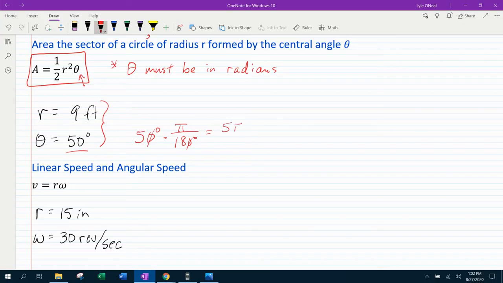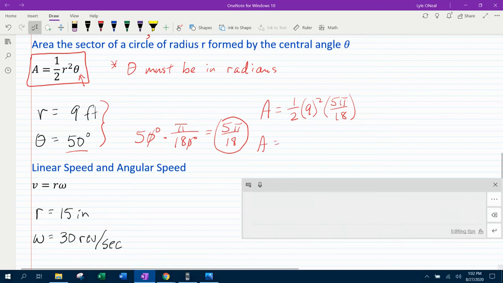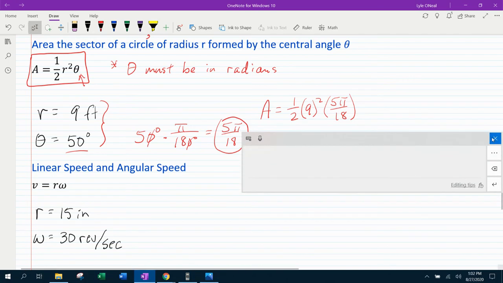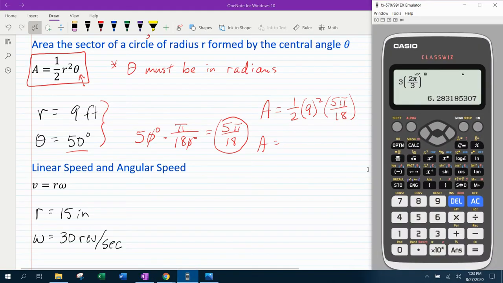That's going to give me 5 pi over 18 radians. And then I can find the area by plugging into the formula. 1/2 r squared times theta. And again, what a nice time to bring up the calculator. Here we go.